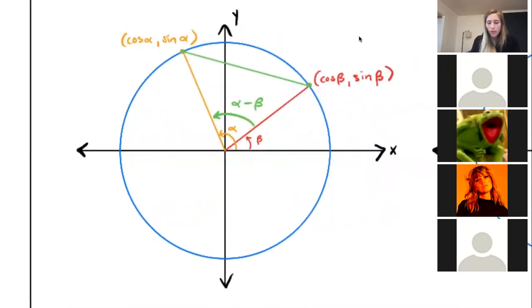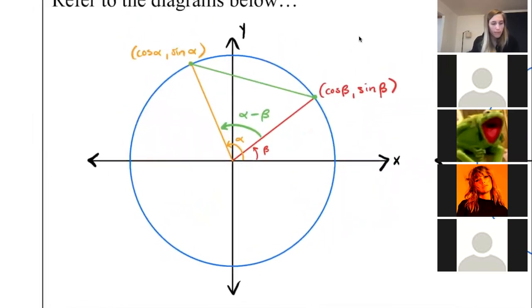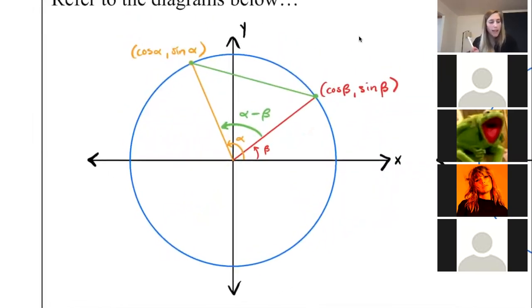If we look at this first picture, and we think about being in the unit circle, both these pictures are the unit circle. So this point right here would be (1, 0). I have the angle beta in red here.